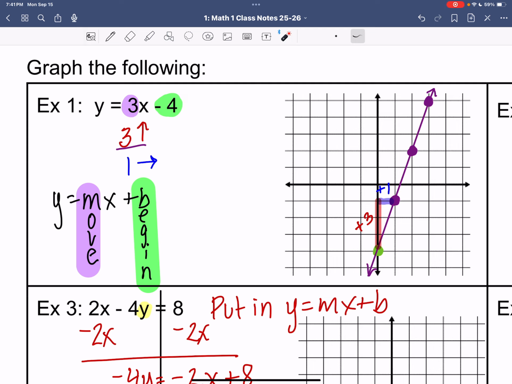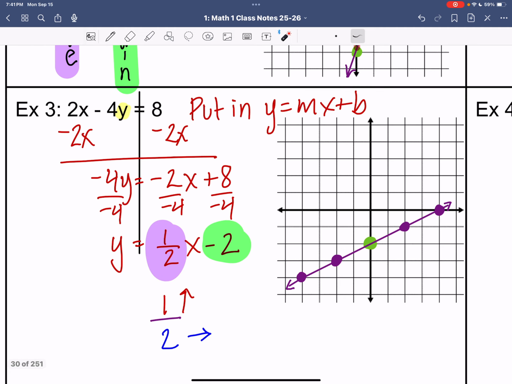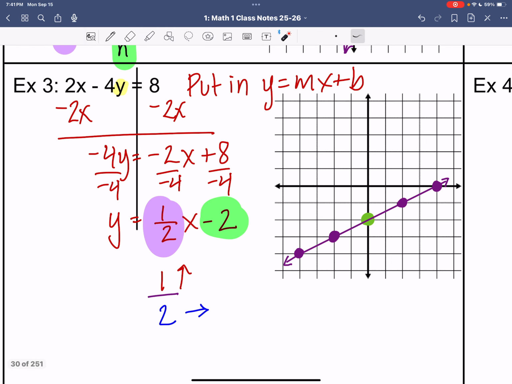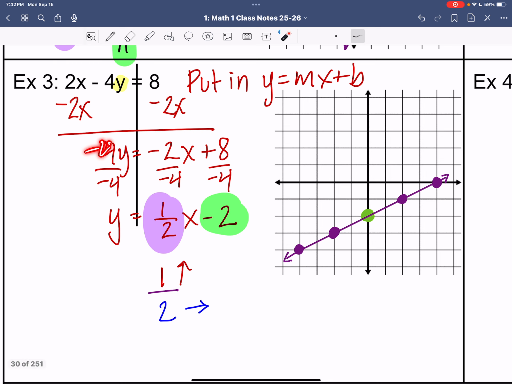All right, now if you notice for this one, for number 3, it is not in y equals mx plus b, so you have to put it into y equals mx plus b. So same process as before. We need to move that 2x over by subtracting 2x. That cancels. I'm left with negative 4y equals negative 2x plus 8.